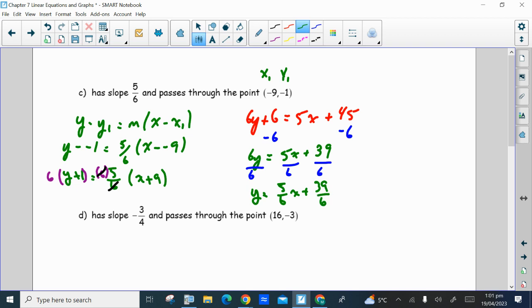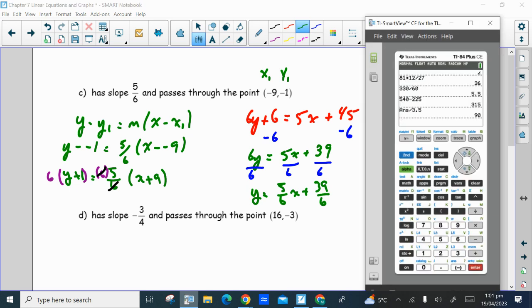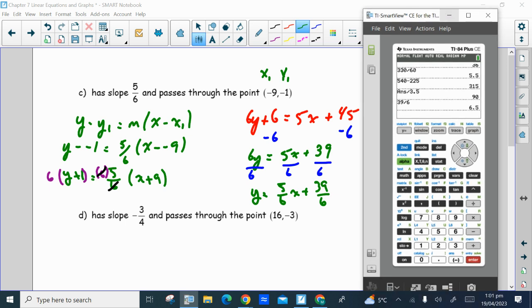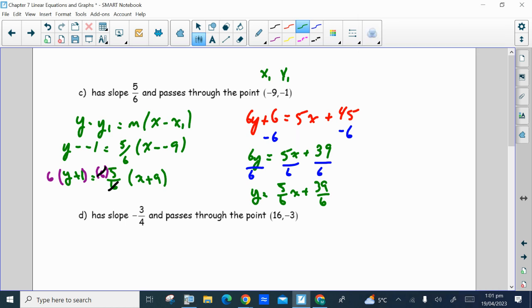And I would leave it like that, because if you actually divide 39 by 6, well, I guess you could write it as 6.5. It's a terminating decimal, so you could use that. If it's a non-terminating decimal, though, you wouldn't want to write it as a decimal because now you're rounding it, and it's no longer accurate. So you could write that y-intercept as 39 over 6 or 6.5. It doesn't matter.